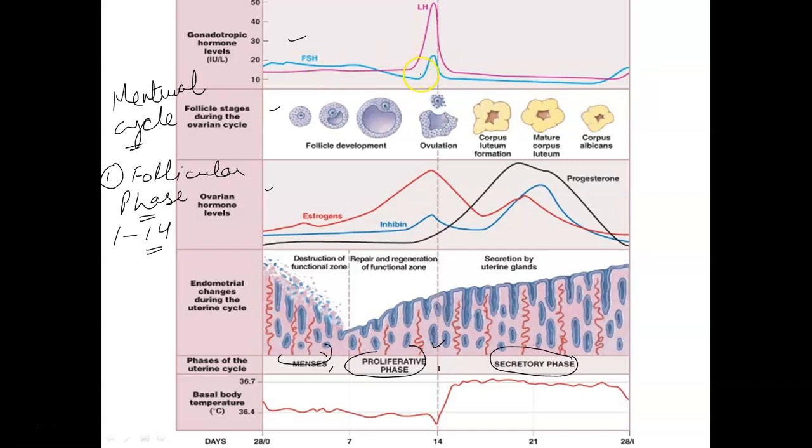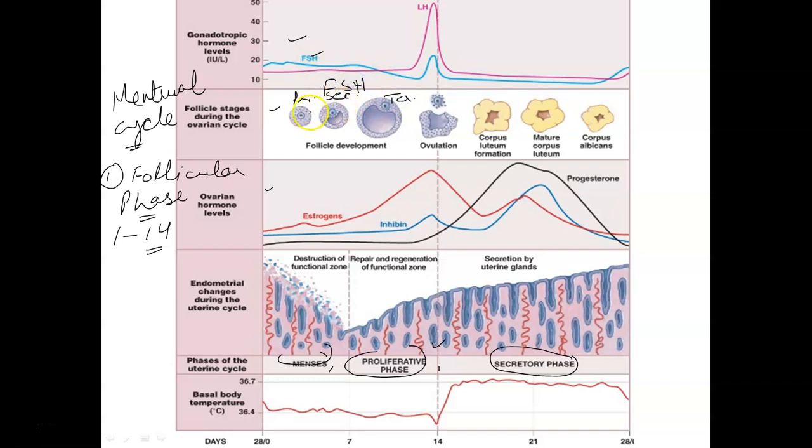This FSH and LH, especially FSH, stimulate follicle cells for development. So primary follicle is changing into secondary follicle, then into tertiary follicle, under the influence of FSH.